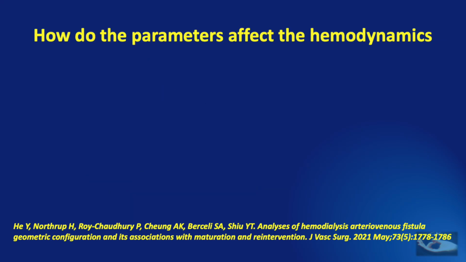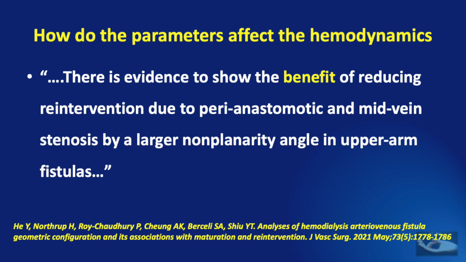Does this angle have any effect on the maturation of the AV fistula? In other words, how does it affect the hemodynamics? Is it good or is it bad? The study that has been indicated showed that there is evidence to show the benefit of reducing re-intervention due to perianastomotic and mid-vein stenosis by a larger non-planarity angle in upper arm fistulas.